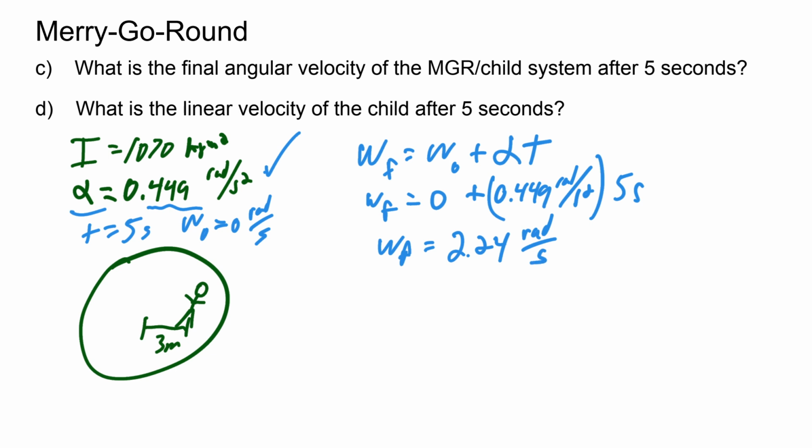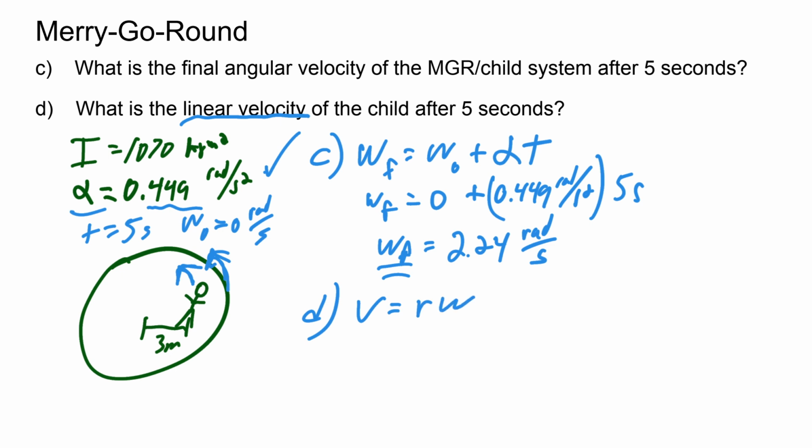Okay, so now we're looking for a linear velocity. Notice that the angular velocity is of the whole system. The merry-go-round and the child are rotating at the same angular velocity, but the linear velocities are different. The linear velocity of the child, let me label these C and D, is simply going to be v equals r omega.